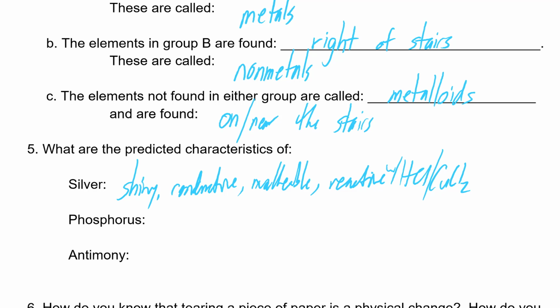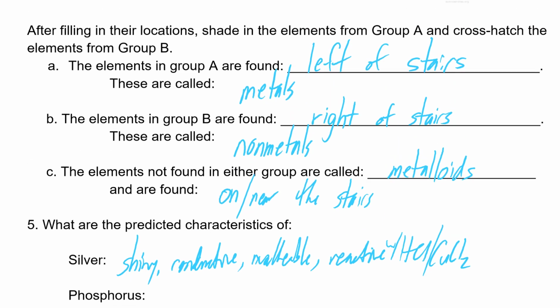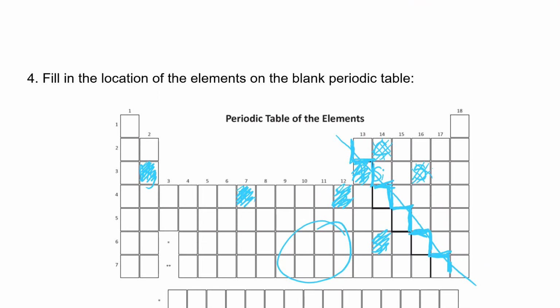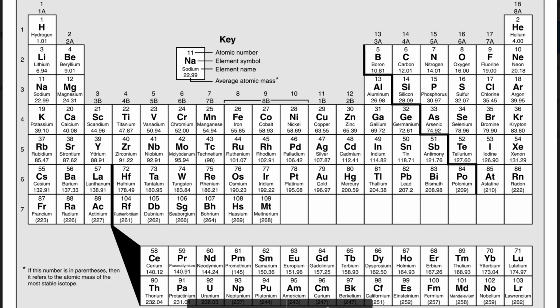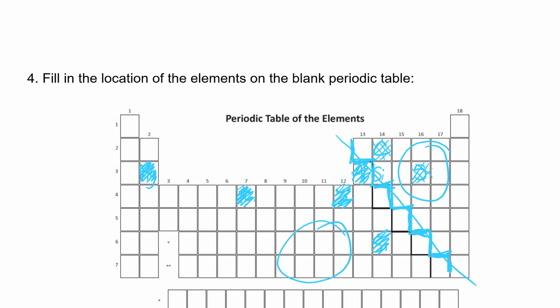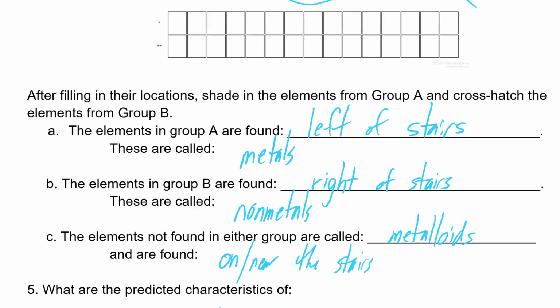Okay, so phosphorus is found around here on the periodic table. Again, if we take a look, we can see that phosphorus is right between silicon and sulfur. So it's actually right there. And that would make it a non-metal.